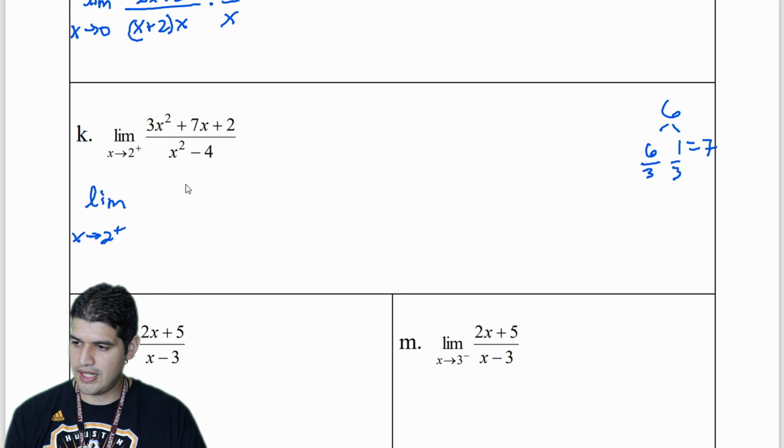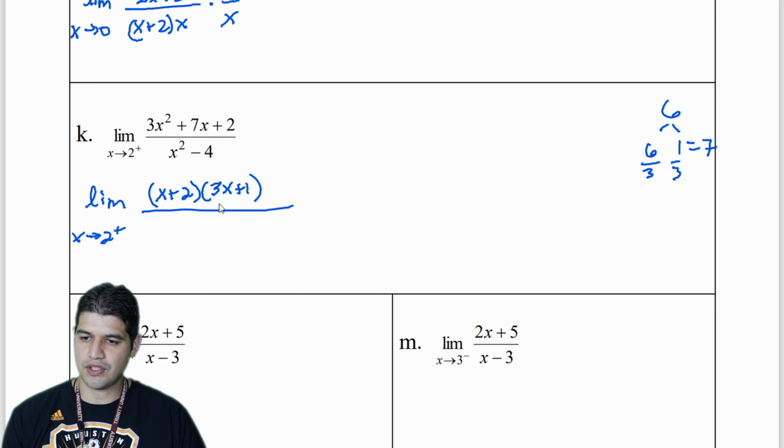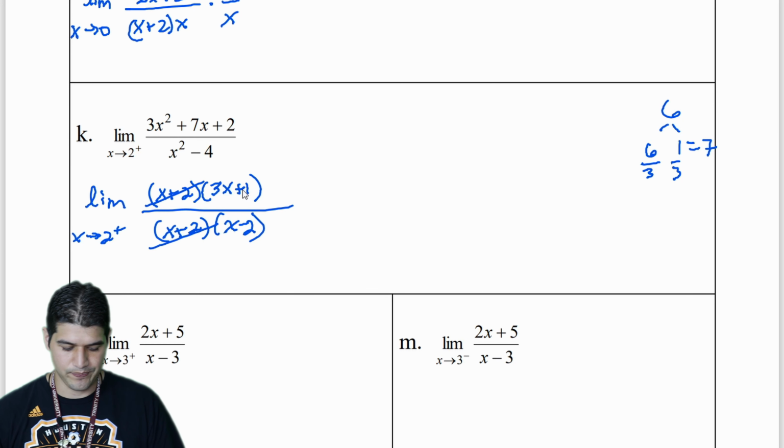All right, so I get x plus 2 and 3x plus 1 in the numerator. And then over here in the denominator, I shall have x plus 2 and x minus 2, which is great because the x plus 2's divide out.